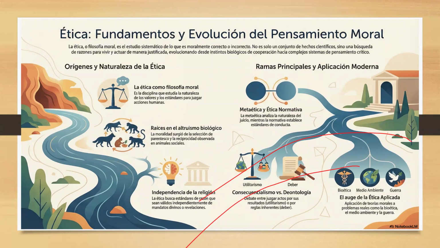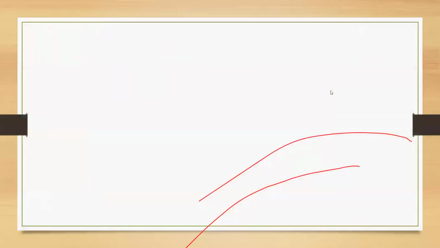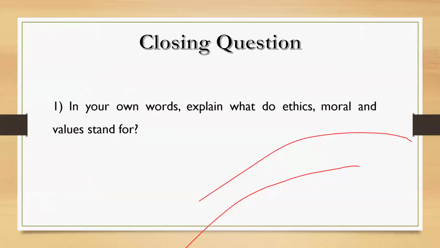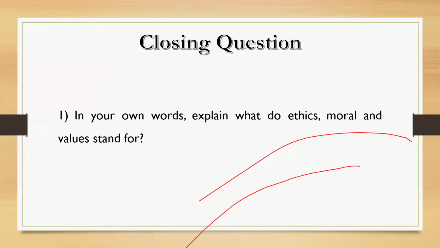So in the platform, you can find deeper information about this, okay? So let's continue, folks. As a closing question: in your own words, explain what ethics, morals, and values stand for. So quickly, you have 30 seconds.